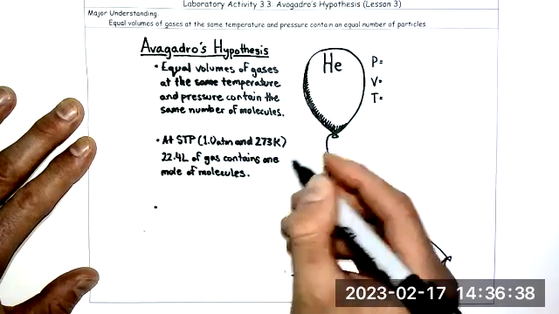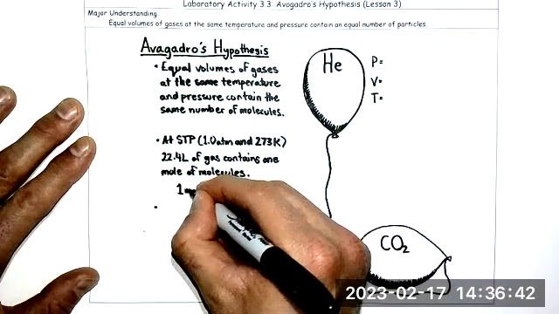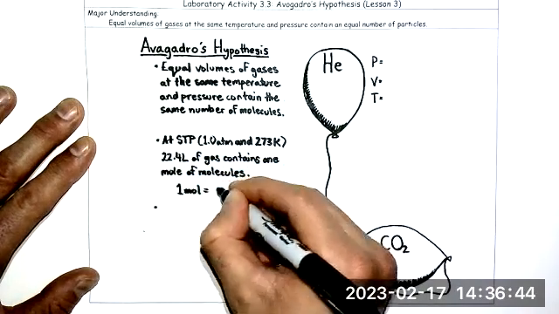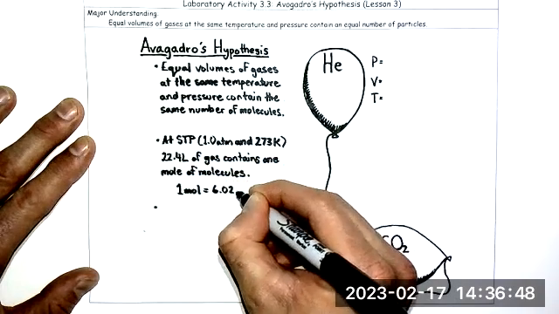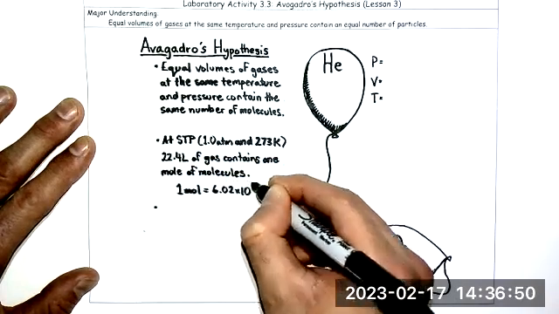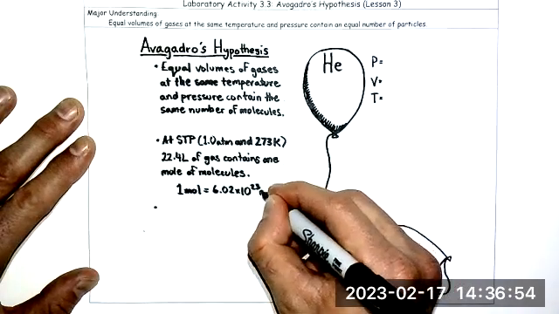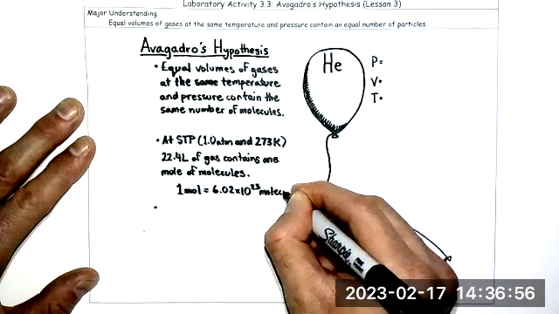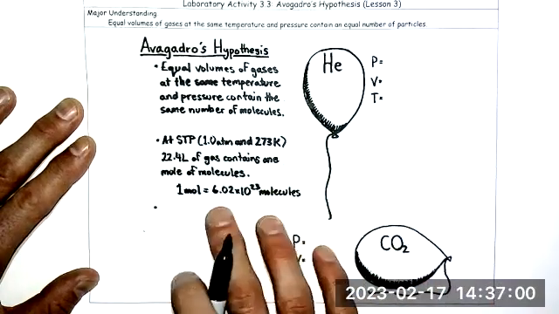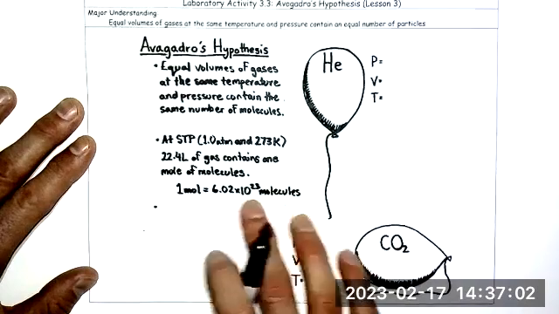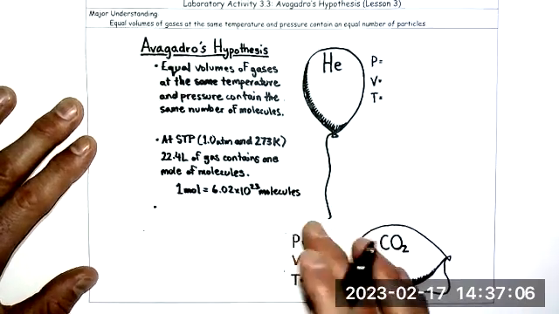Okay, and as we discussed in class, 1 mole of molecules is actually equal to 6.02 times 10 to the 23rd particles or molecules. So if you have 1 mole of something, that means you have 6.02 times 10 to the 23rd molecules of that substance.